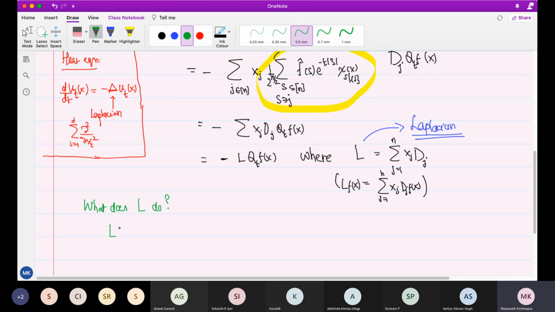Apply it to some function. Just to avoid confusion, let me say Lg. Lg of x is the summation over j equals 1 up to n of xj times DJ g of x, right? By definition, L is nothing but the summation of xj times DJ. So you take xj DJ g of x. Now what is DJ g of x?